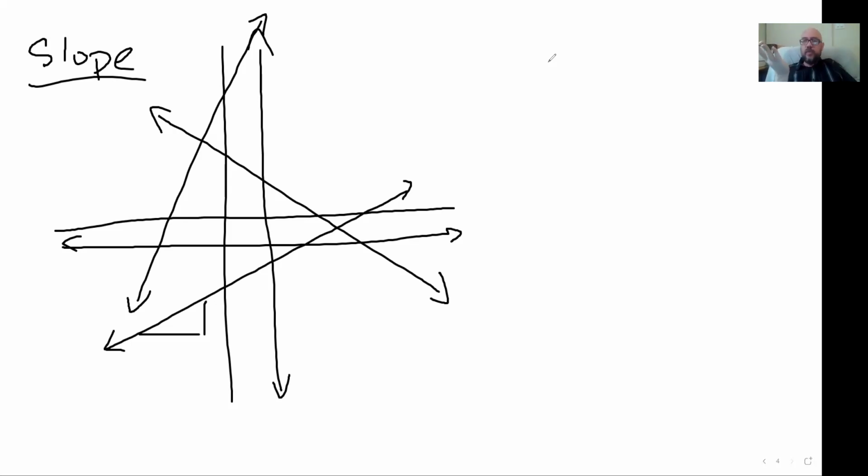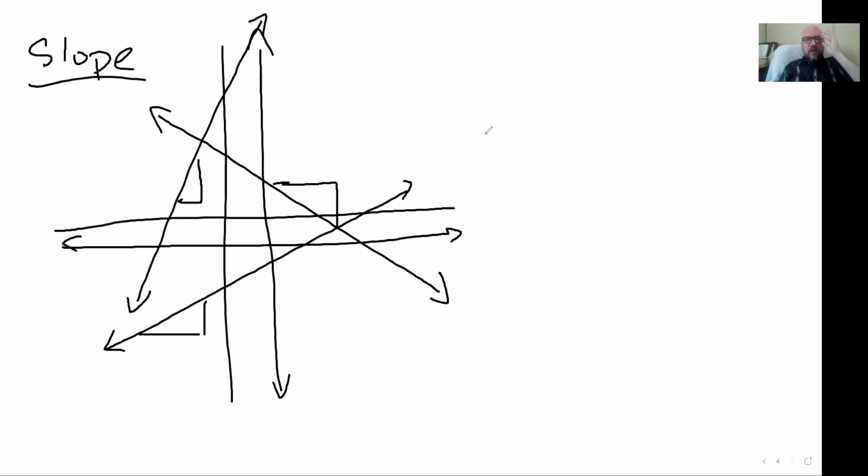And that's the slope. The slope is how steep it is, essentially, with bigger numbers meaning steeper and smaller numbers meaning shallower. So this line is steeper than that line, so it's got a bigger slope. This line has a negative slope because it goes down as it goes to the right rather than up.